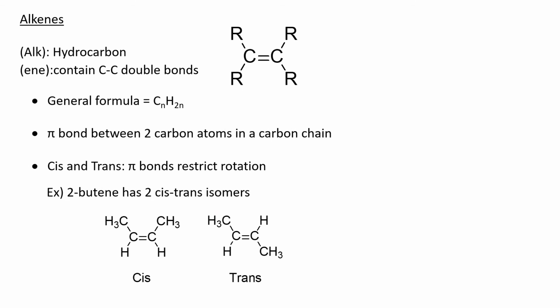The first functional group, and yet another class of organic molecules, are the alkenes. Alkenes are simply hydrocarbons that have carbon-carbon double bonds somewhere. Their general formula is CnH2n, where n is the number of carbon atoms. Alkenes have a pi bond between 2 carbon atoms in the chain.